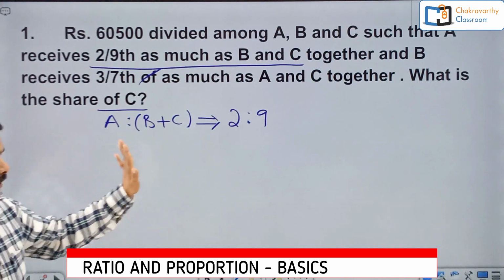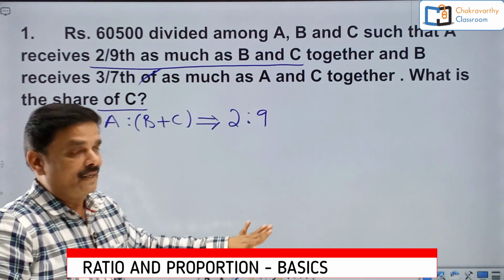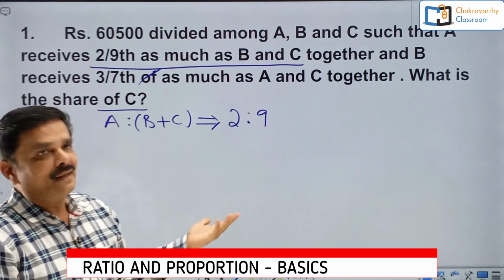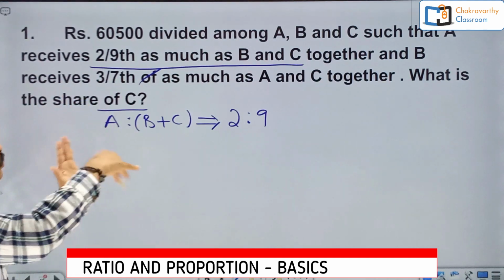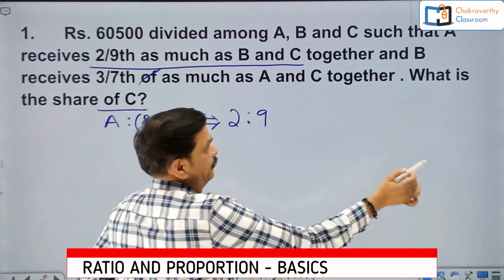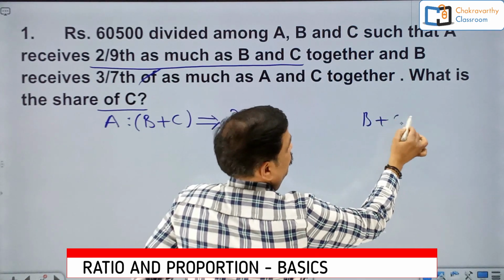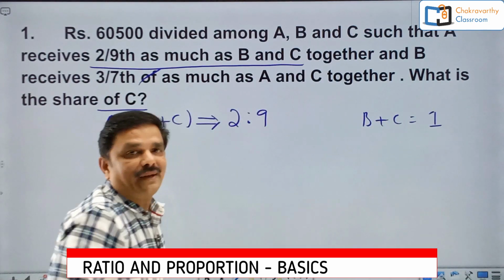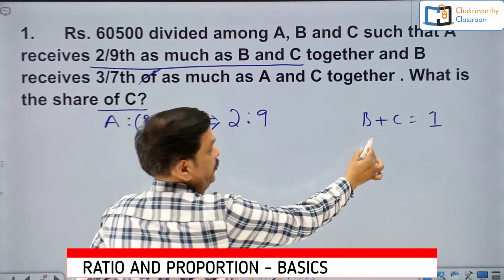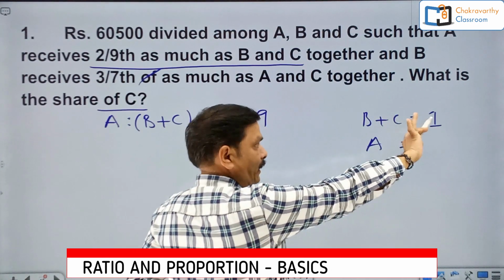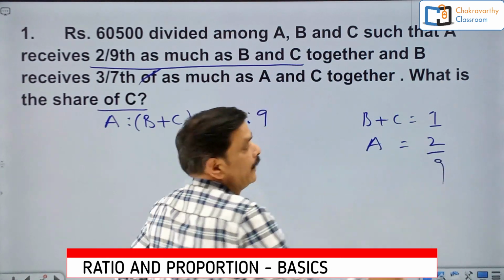If any very beginner is there, how did I get 2/9? Simple. A receives 2/9 as much as B and C together. That means if B and C are getting 1 rupee, for example, A should get 2/9 of this. That means 2/9.